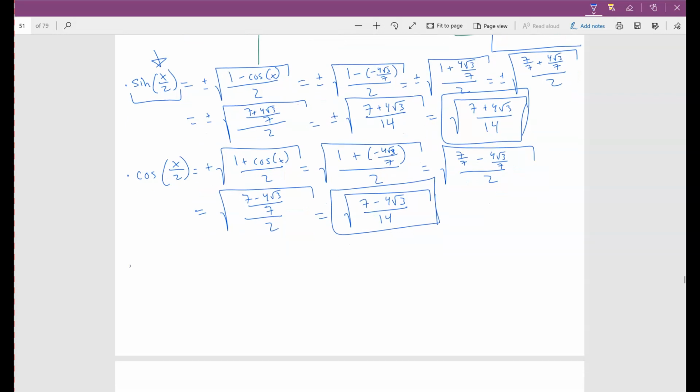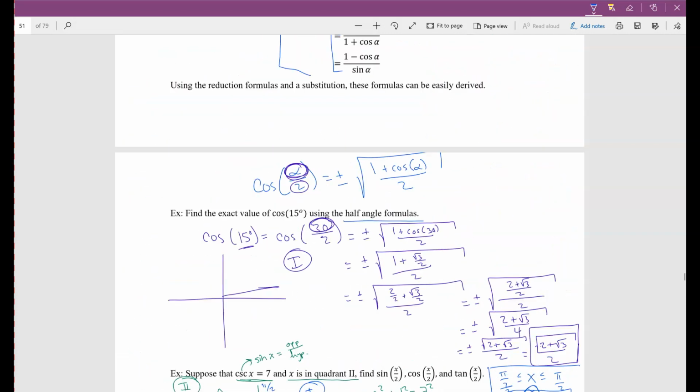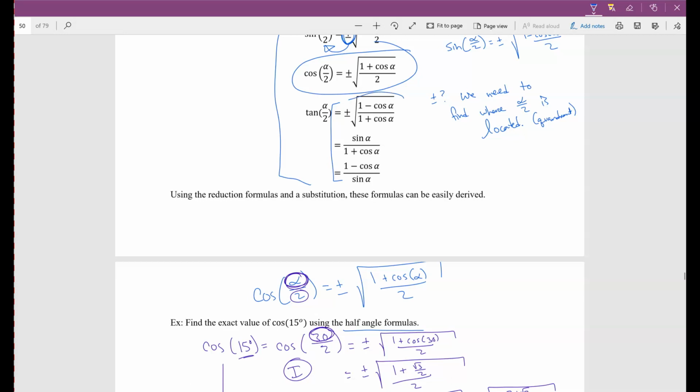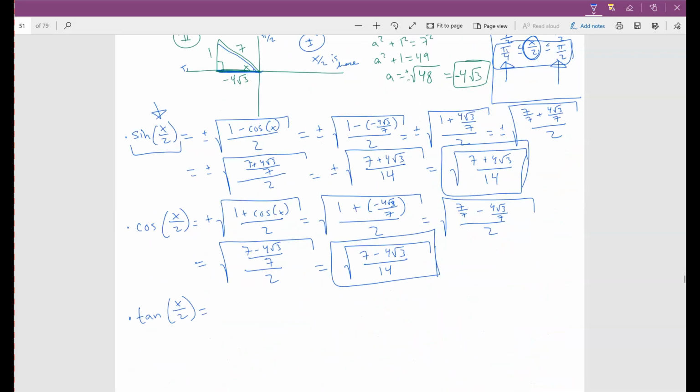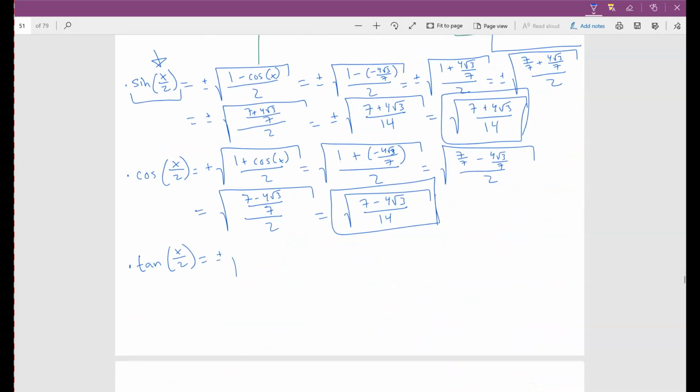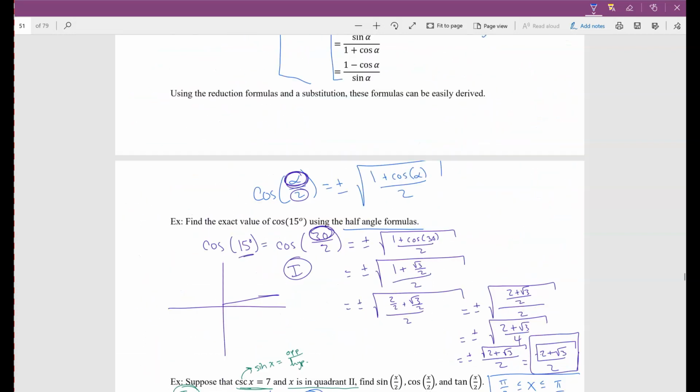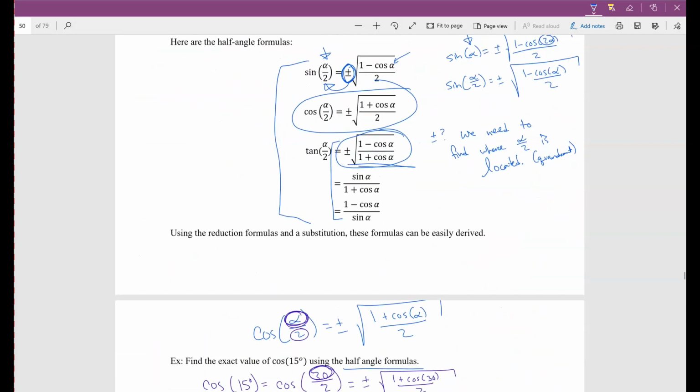Finally, we're just going to use the tangent of x over 2. Now, for the tangent of x over 2, we can just look at this last formula. Okay, so it's going to be plus or minus, which we know is plus. So you're going to have 1 minus cosine of x over 1 plus cosine of x. Okay, so that was basically the formula for tangent of x over 2, which is just this guy.